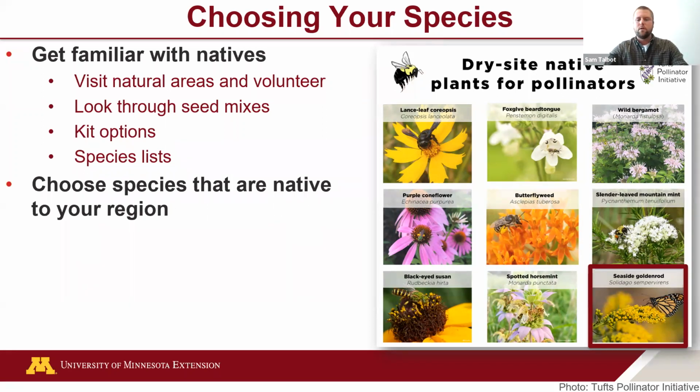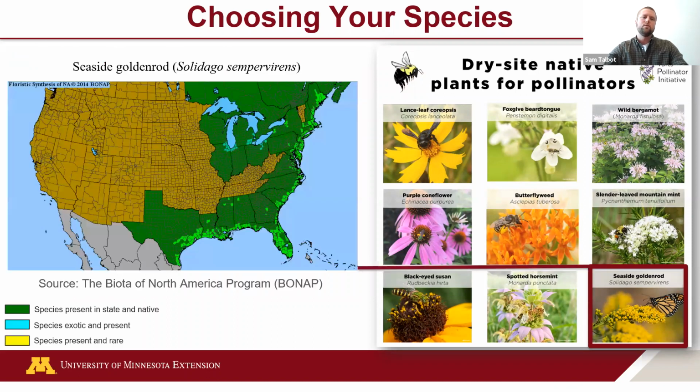And the way that you can find that out is if you go to the Biota of North America Program, or BONAP as it's known. Excellent resource. Again, I use this one all the time to figure out ranges. So they determine this based on mostly herbarium records, I believe.